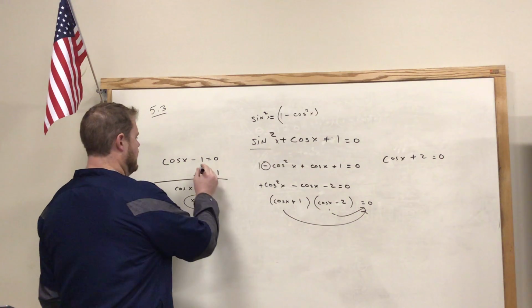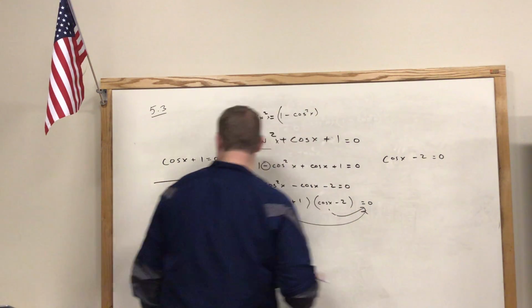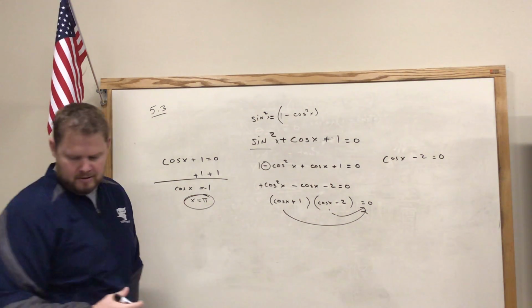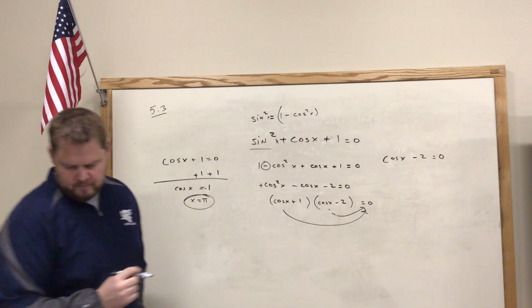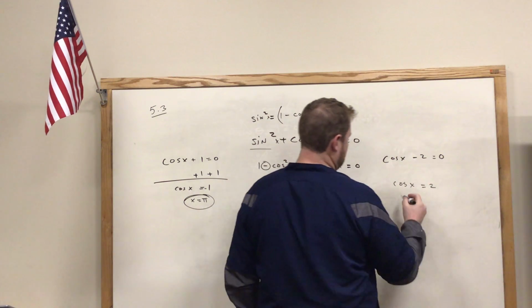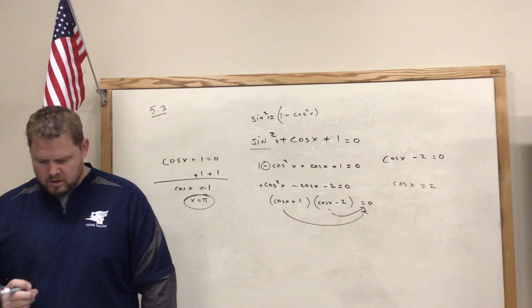When I do that, it's going to give me negative 1, so that's why it's pi, not what should have been 0. Now, what would that other one be? Cosine x equals 2, right? Well, do we have an answer for that?